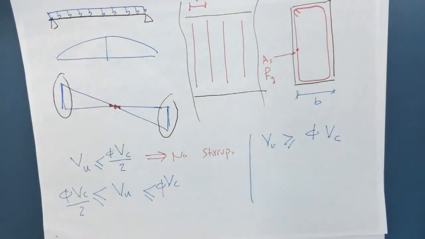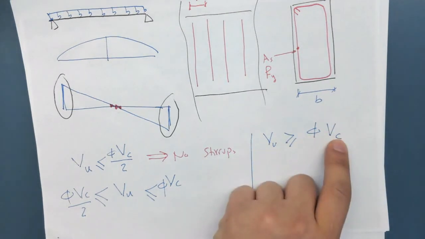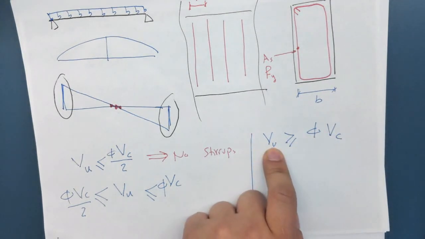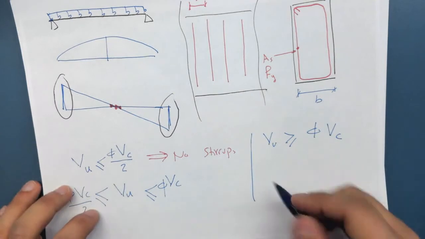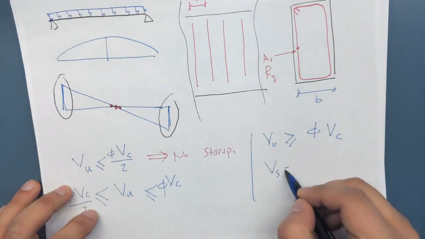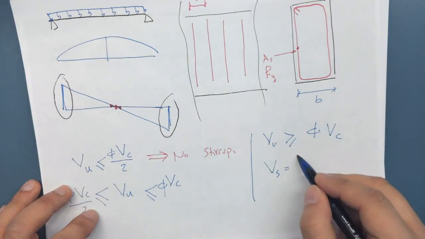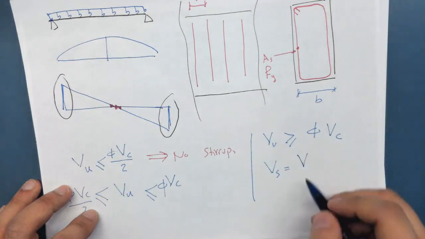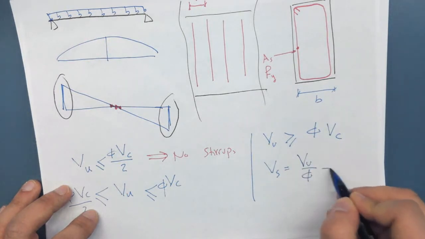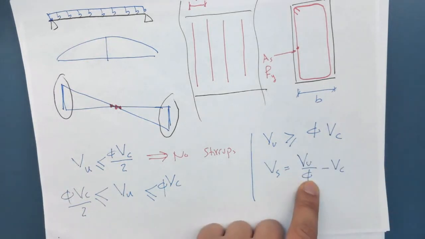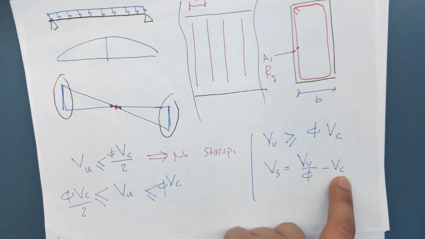Now you have to put shear reinforcement, because the concrete by itself cannot carry this. Okay? The shear reinforcement Vs is simply V ultimate divided by phi minus VC. So simply what you have minus what the concrete can carry.